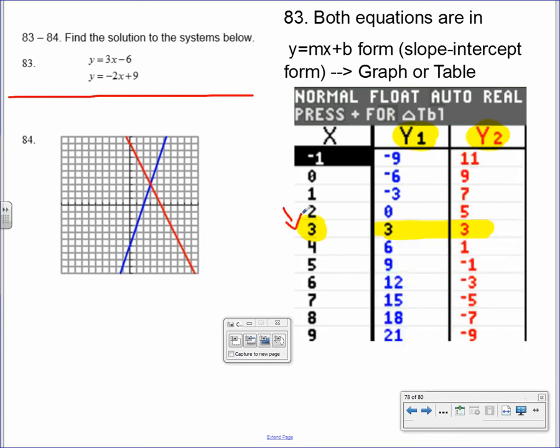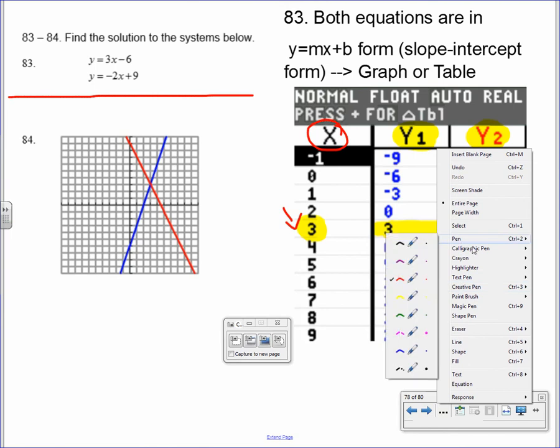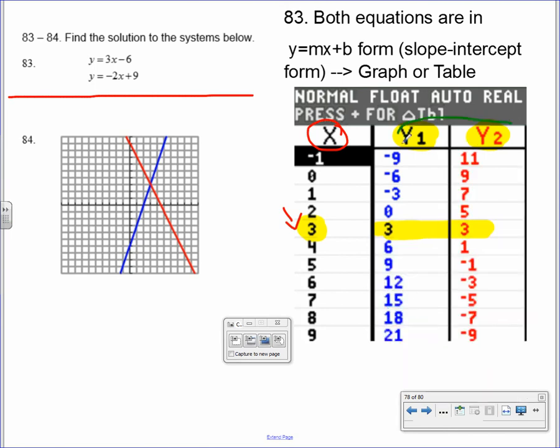Our x value is going to be 3. And our y value is going to be, in this case, 3 as well. It's not always going to be that way.